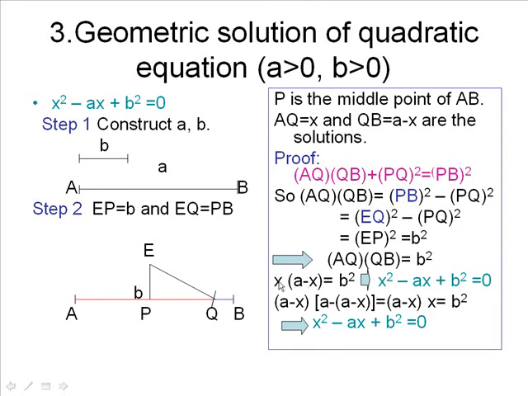So that means this x, AQ, satisfies this quadratic equation, so it is a solution. Then we can replace our x with a minus x, and replace this x with a minus x, and simplify it. A minus x times this part will be simplified to x equals b squared.